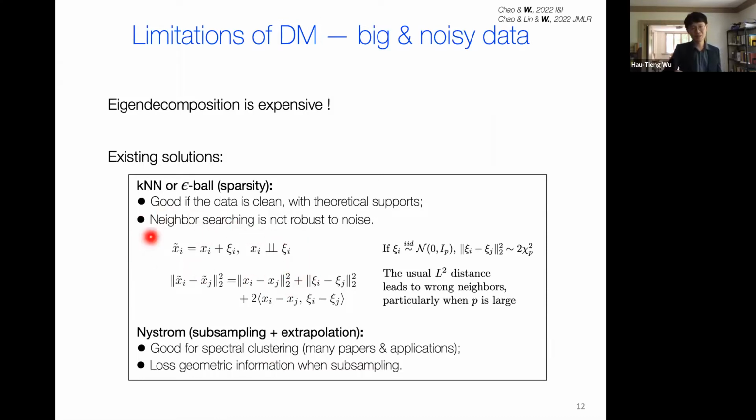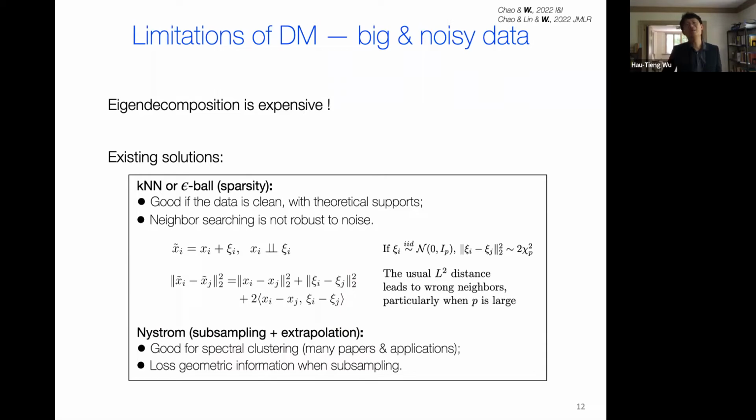What you see here is you have a noisy database, x tilde i, where x_i is the clean data and ξ_i is noise. Let's assume x_i and ξ_i are independent. Then you have a very simple expansion of the L2 norm. We consider the L2 norm. If you consider other metrics, it may become more complicated, better or worse? No idea, it depends. But let's say it is the L2 norm.